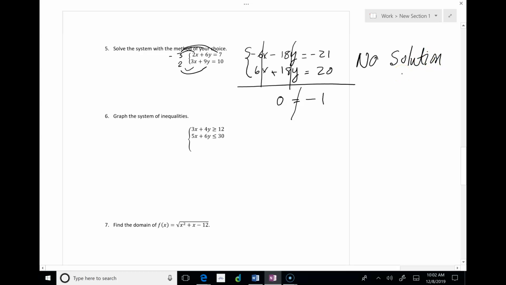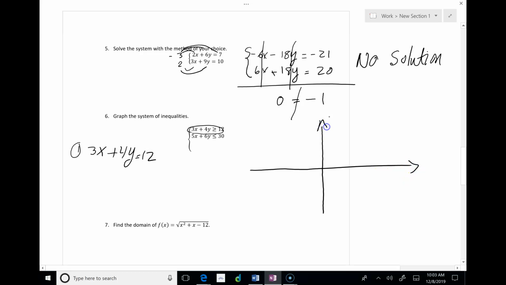Okay, graph a system of inequalities. If you remember the steps, you graph each one separately. Step 1 is graphing without the inequality first. So you graph it with the method of your choice.